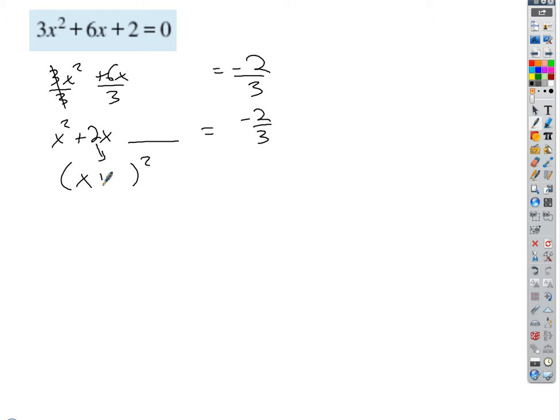Half of +2 is +1. And 1 squared is just 1. And so we get x plus 1 quantity squared on the left side, and -2/3 plus 1 is going to be 1/3, isn't it? 1 minus 2/3 is 1/3. So there's my answer.